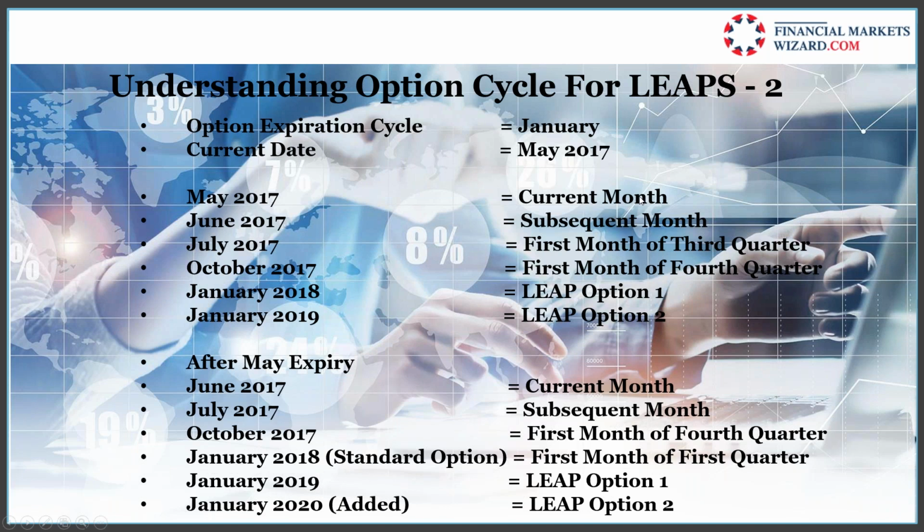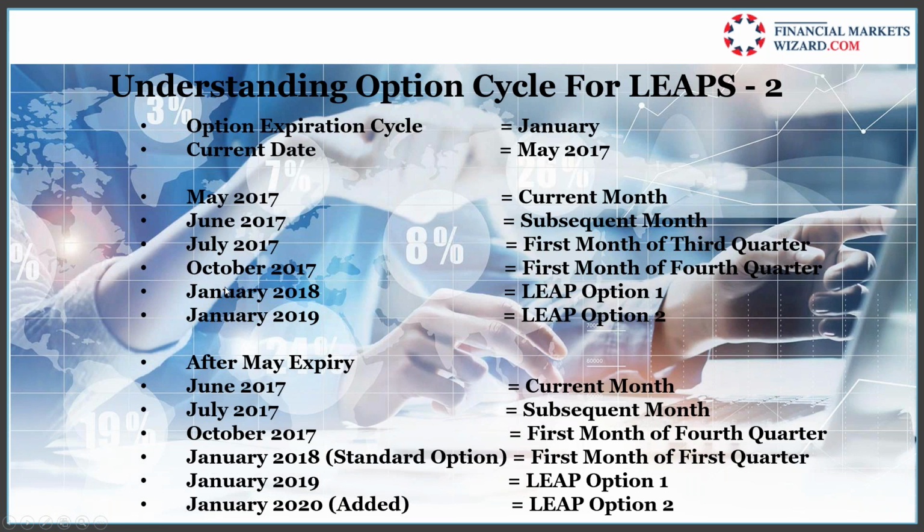So May is the current month. We know the formula. June is the subsequent month based on the modified expiry cycle formula. Because it belongs to the January cycle, January is the first month, so we know July, the first month of the third quarter, and October as the first month of the fourth quarter. So we already know these 4 months through previous discussion.